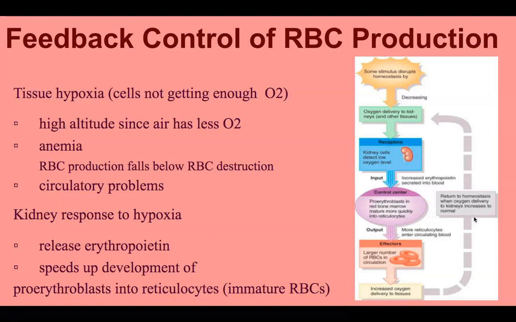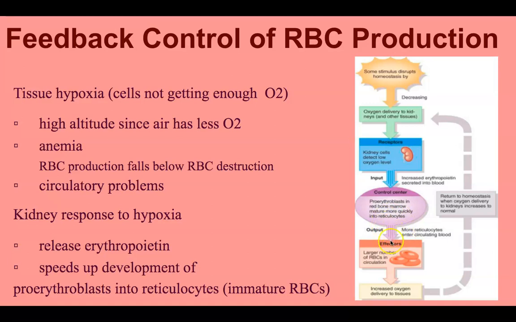Circulatory problems. Then when there is hypoxia, the kidneys respond to the hypoxia and release erythropoietin. Here the kidneys are detecting that there is a decrease of oxygen, so they increase the production of erythropoietin. This speeds up the development of pro-erythroblasts in the red bone marrow, and they develop into reticulocytes.